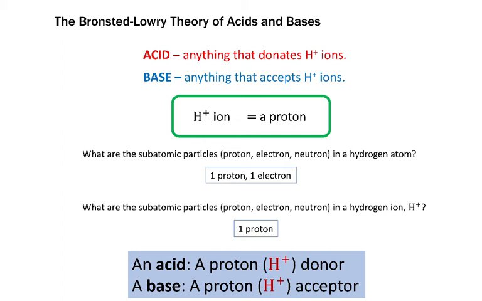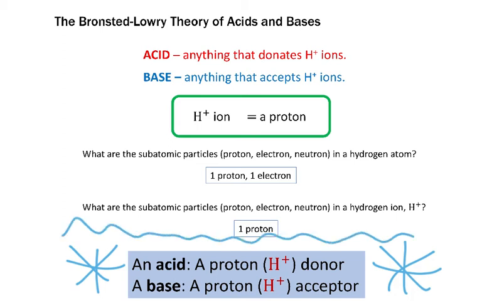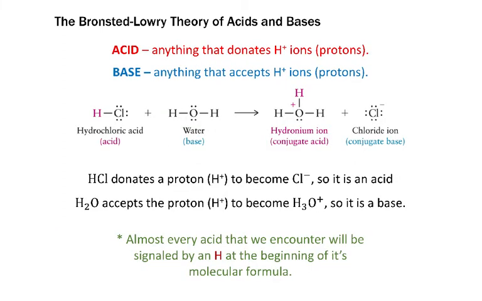So that's the definition you need to know. We will give lots of examples now about these and ways to think about how they interact with each other, what it looks like in a reaction, and so on. Okay, but an acid, proton donor; base, proton acceptor. And I'm going to keep that definition up here at the top for the next mini slides as we go through this.